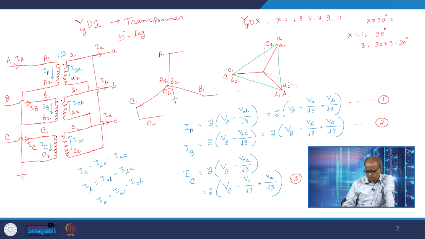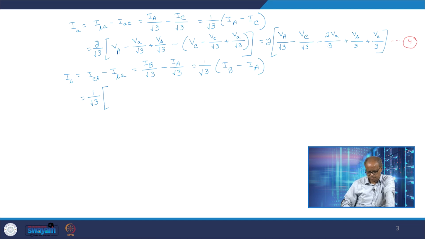So I capital B is VB minus V small b plus V small c by root 3, minus IA. IA would be from here, so it would be VA minus V small a by root 3 plus V small b by root 3.